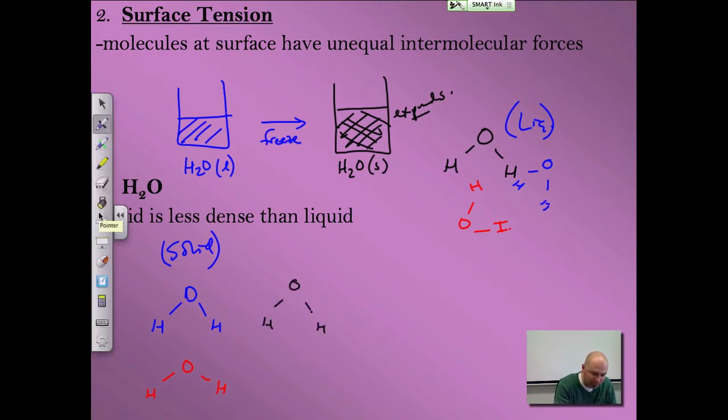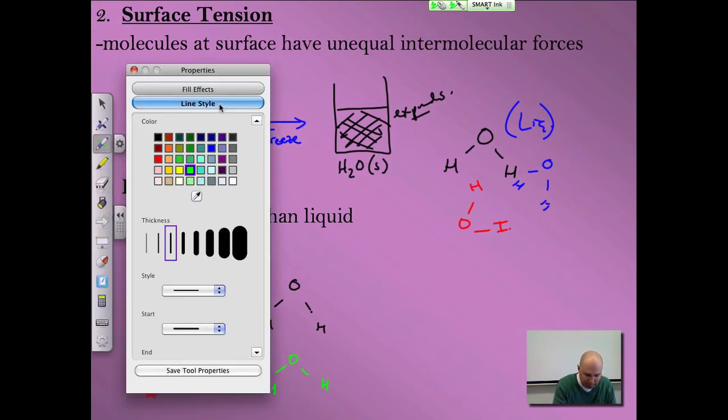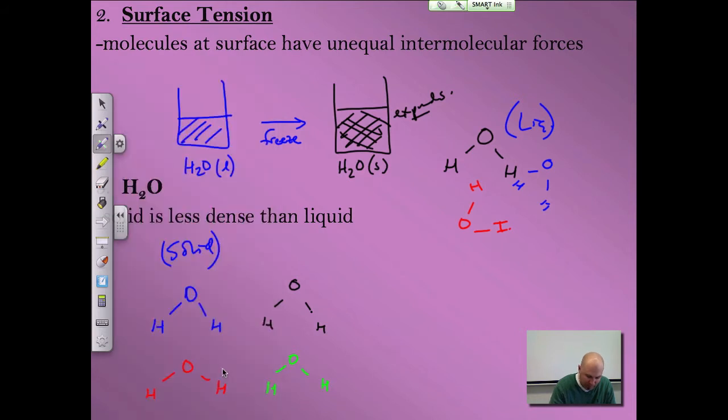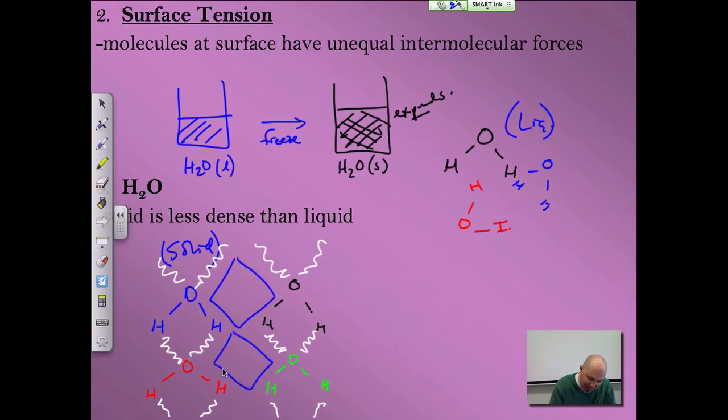So here's four water molecules, and what that does is it creates gaps, little gaps and holes and spaces.